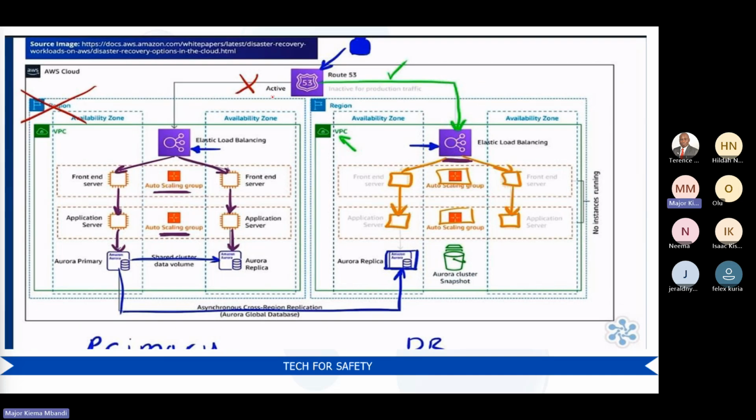So we can see failover happens here. Active is now no longer serving traffic. What will happen? Now the AMI has been used to launch instances in the DR region, and then we'll have front-end servers and also application servers. Then the Aurora replica needs to be promoted to now the primary.